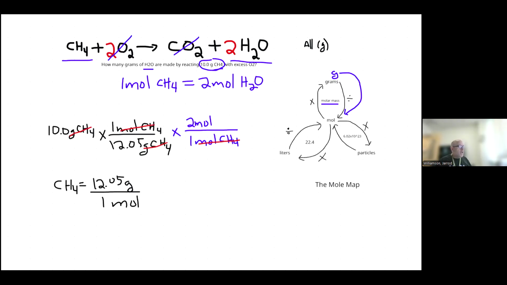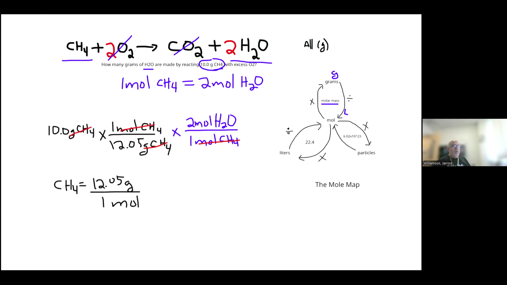Anyway, I've got to put water in there. It's got to be purple. H2O. Now I am at moles of water, and it asked for grams of water.